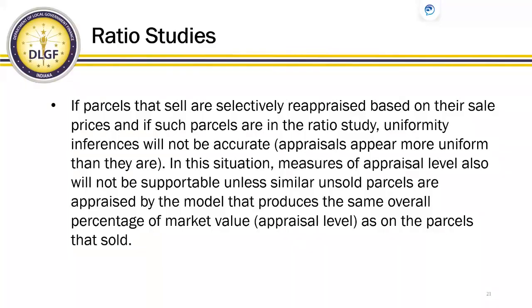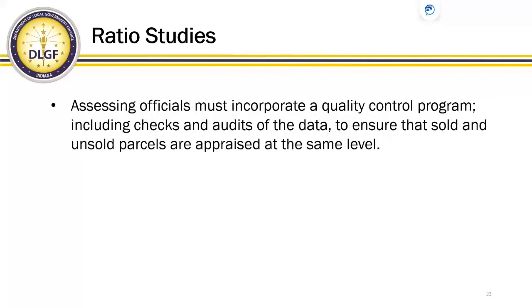In this situation, measures of appraisal level are also not going to be supportable unless you use the exact same appraisal model across the board for sold and unsold properties. And that's why the next slide tells us that it's imperative that assessing officials incorporate a quality control program to ensure that sold and unsold parcels are appraised at the same level.